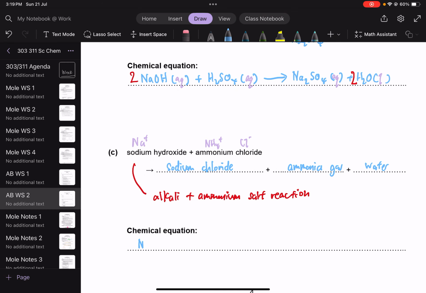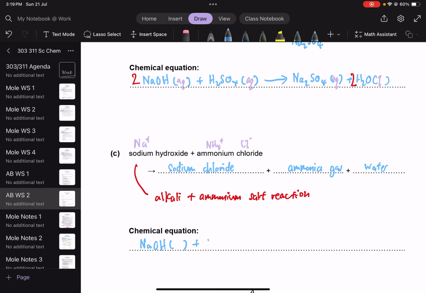Let's just write NaOH. And for ammonium chloride, the ions responsible are the NH4 plus ammonium ion and the Cl minus chloride ion. So it will just be NH4Cl. Then again, with your bracket state symbols.